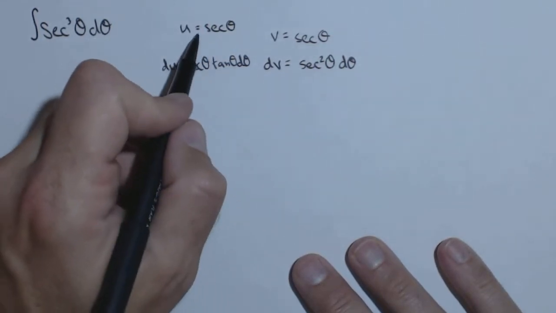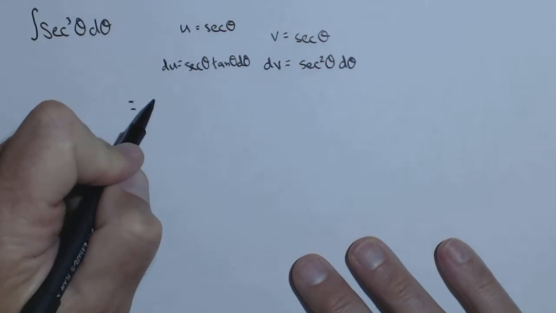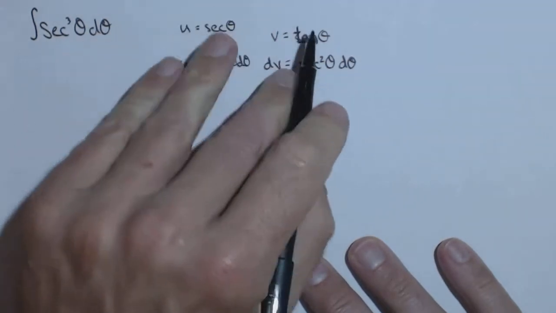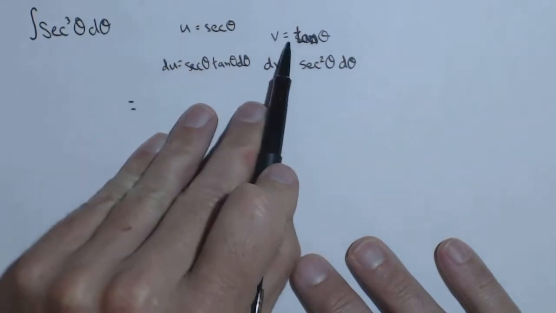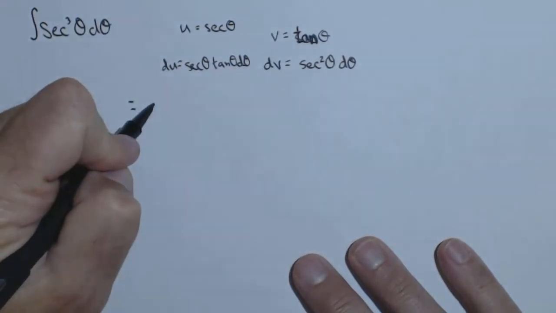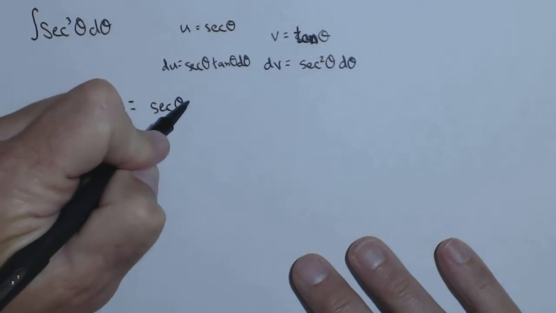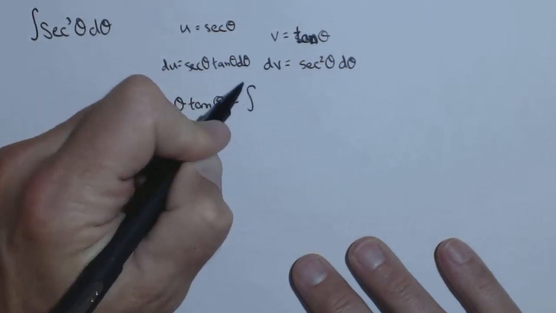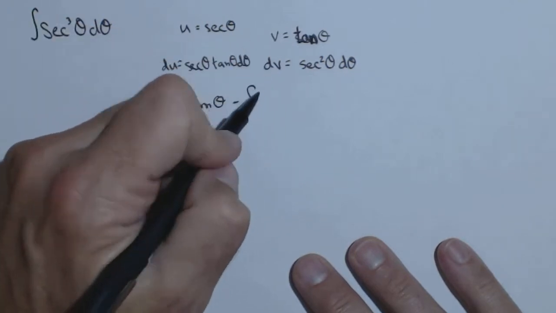So let's put together our integration by parts. So we have the antiderivative of secant squared is tangent theta. My mistake. So our uv is going to be secant theta tangent theta minus the integral of v du.